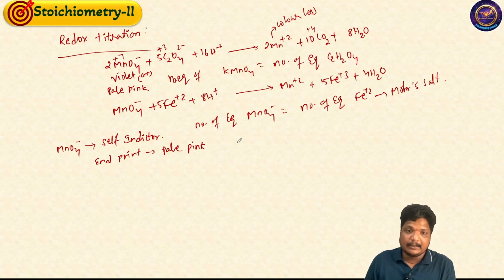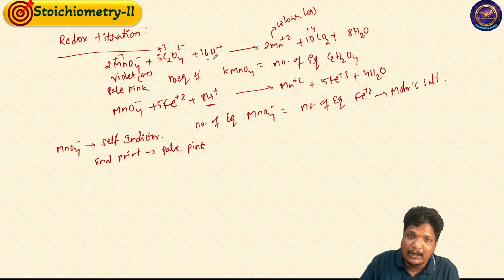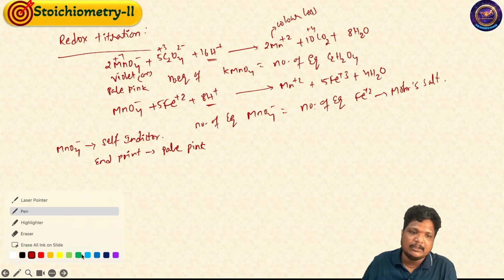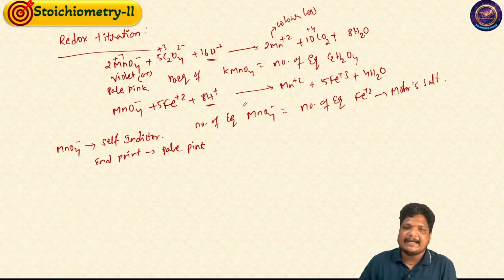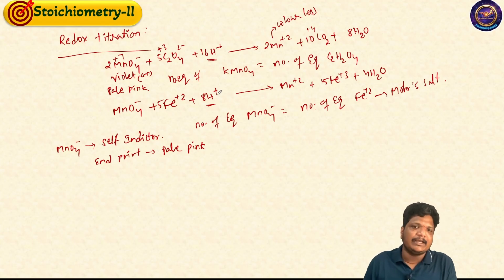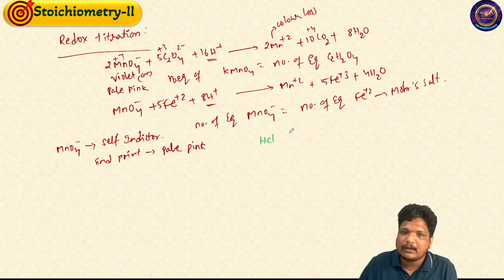Here you have to maintain an acidic medium for these two titrations. In order to maintain this acidic medium, we have to use some mineral acid. Which acid we have to use? Specially, we are not using HCl and HNO3.